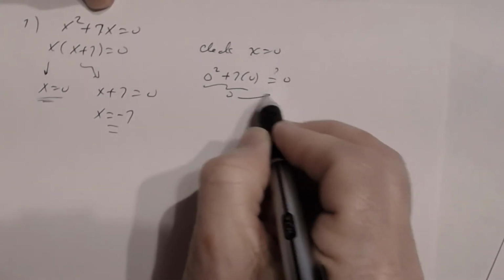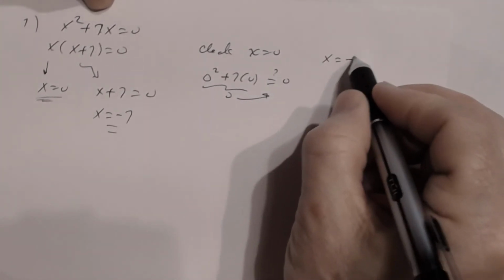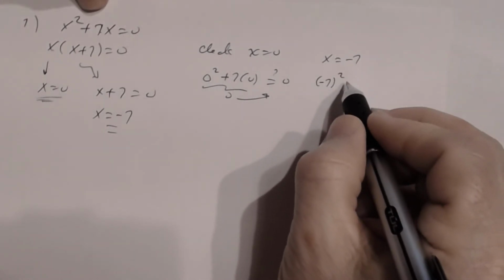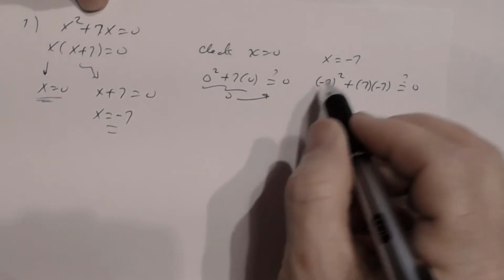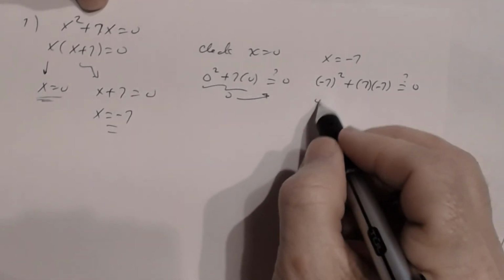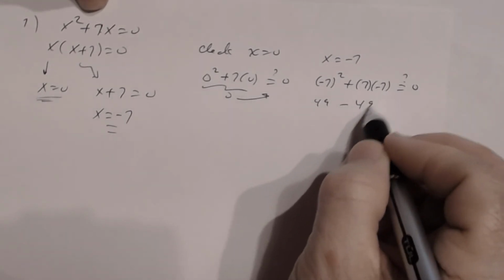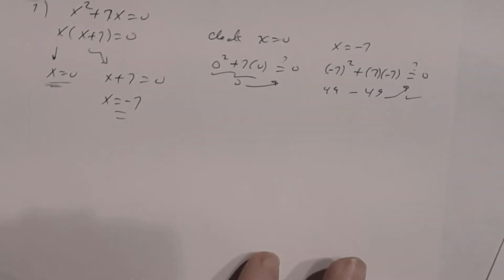Then let's check x equals negative 7. Remember, it's negative, so put that in parentheses. Negative 7 squared plus 7 times negative 7, and you want to see if that's equal to 0. Well, negative 7 squared is 49. 7 times negative 7 is negative 49, and that is equal to 0, because 49 minus 49 is 0. Okay, so that was number 7.